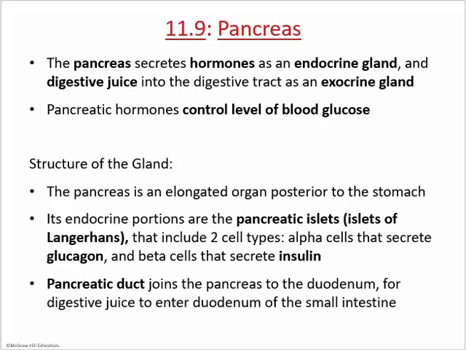And these two things control the level of blood glucose. So if blood glucose levels drop, glucagon is released and it raises glucose levels. If glucose levels are high, then insulin is released and it lowers glucose.